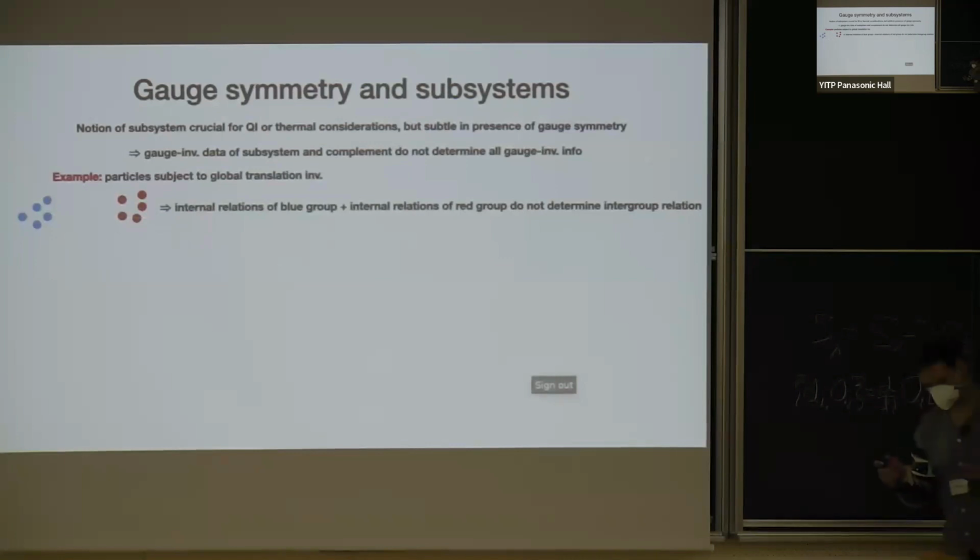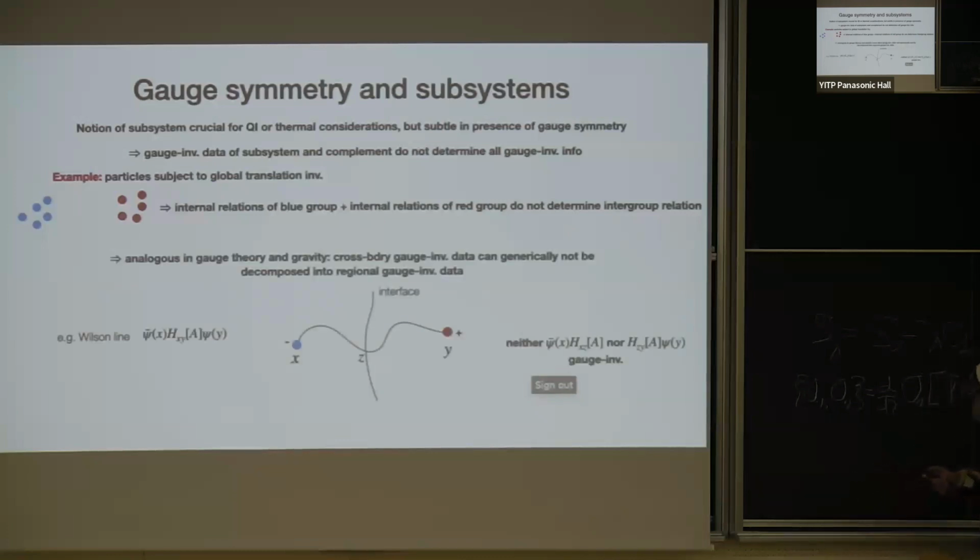If you have one group of particles and all their internal relations, and the other group of particles and all their internal relations, and these two groups are like a subregion and its complement, then the internal relations together are not going to tell me what the relations are between these two groups of particles. And the same is true also in gauge theory and gravity.